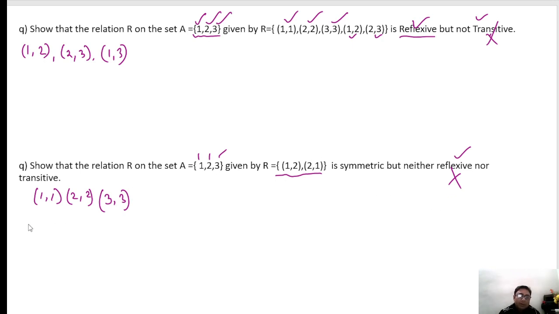Next come to symmetric. अगर आपके पास (1,2) है तो (2,1) होना चाहिए. Is it there? Yes. तो ये symmetric है, it is symmetric.